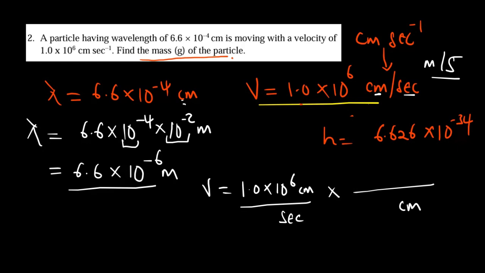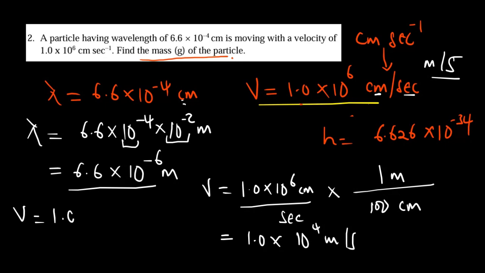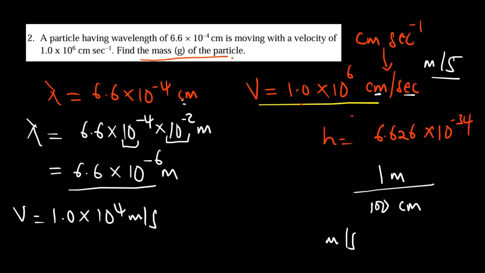It will just be 100, and then here I have 1 meter. When you multiply this, what you're going to get is 1.0 times 10 to the power 4 meters per second. So we've converted our speed, and we can write it here, meters per second. What is left now is just to use that formula for calculating the mass.